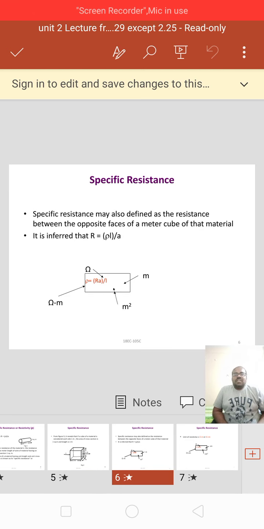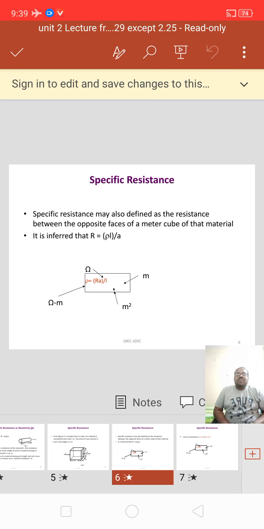Next, it is also defined as the resistance between the opposite faces of a meter cube of the material. Another definition of specific resistance is the resistance between the opposite faces of the meter cube of that material.